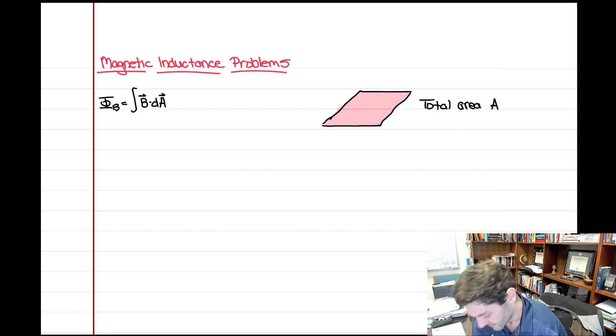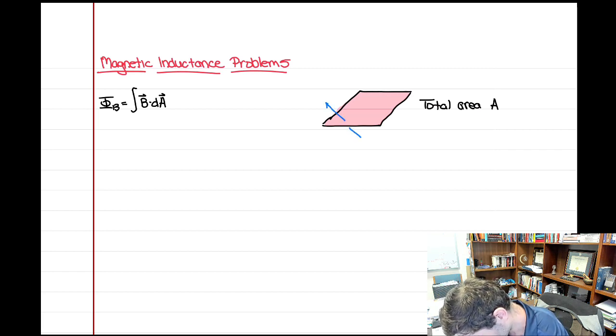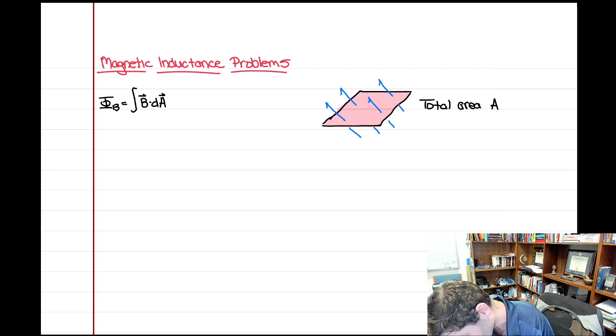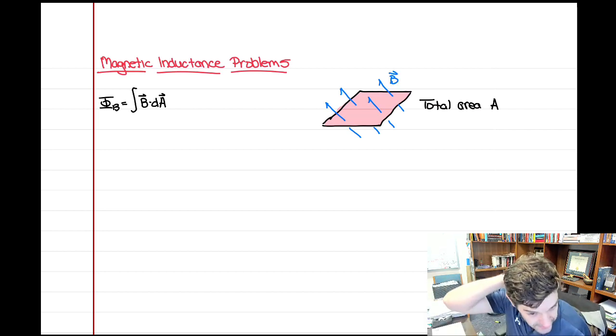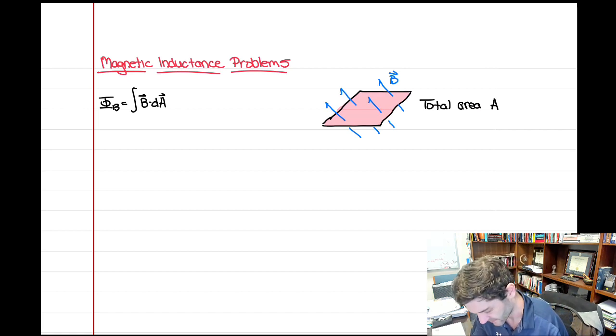And the idea is that if there is a magnetic field that is going through this region, maybe something like that, that is B. We'll treat it as uniform to make our lives simple.